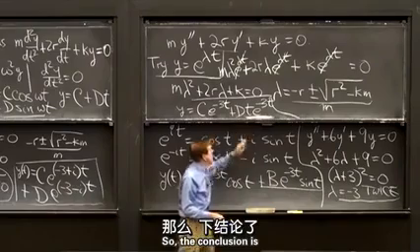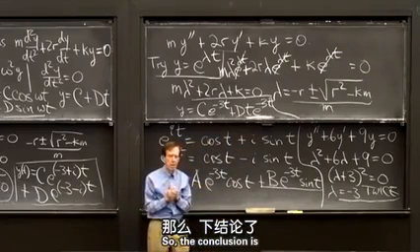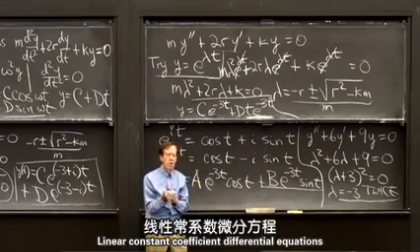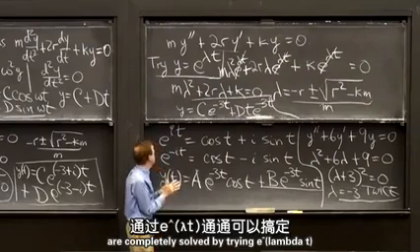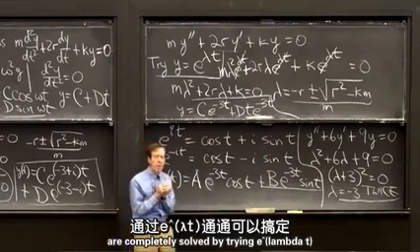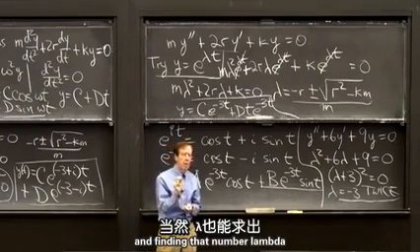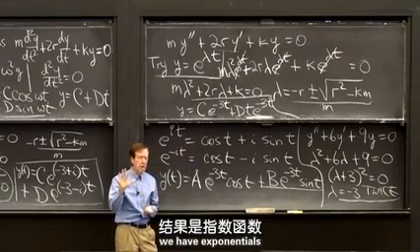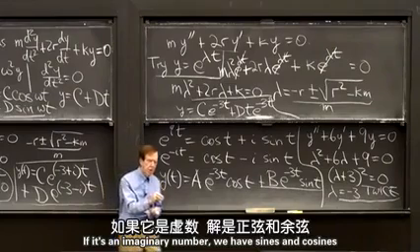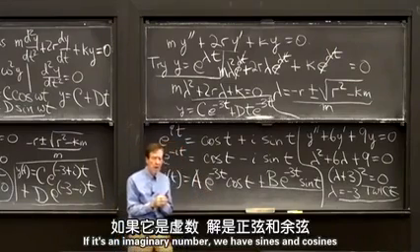So the conclusion is linear, constant coefficient differential equations are completely solved by trying e to the lambda t and finding that number lambda. If it's a real number, we have exponentials. If it's an imaginary number, we have sines and cosines.